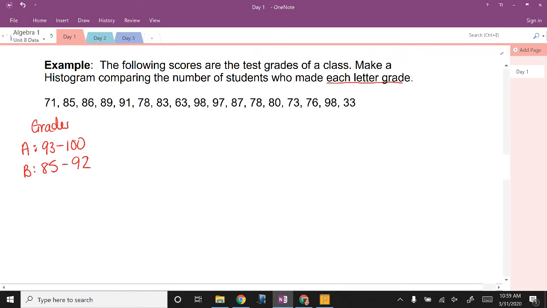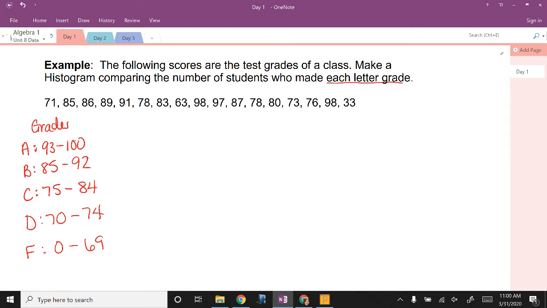To make a C, your grades range from a 75 to an 84. To make a D, it's a really small window, something between a 70 and a 74. And an F is anything below a 69. So 0 to 69. Any grades between there would get you an F.